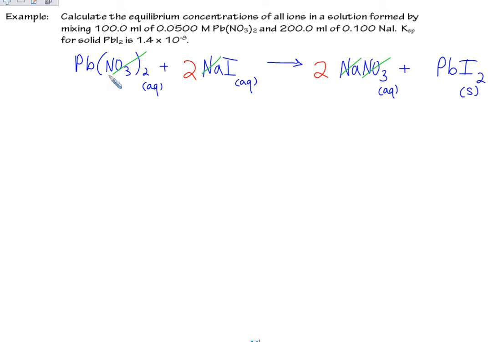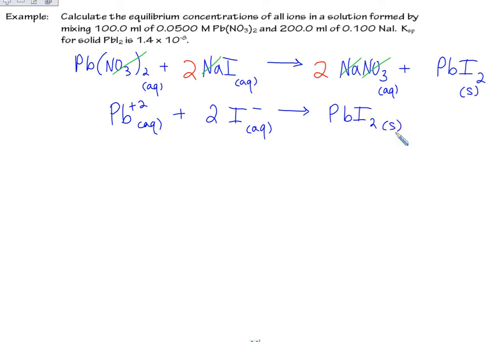So the net ionic equation would really just be the lead 2+ ion, in solution, reacting with the 2 iodide ions, forming that lead iodide, PbI2, solid precipitate. There's the net ionic.